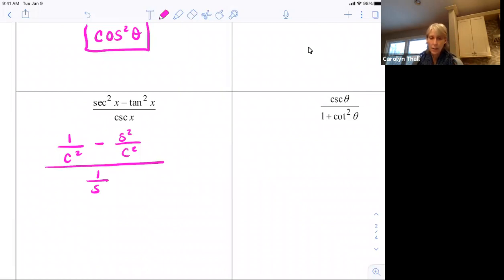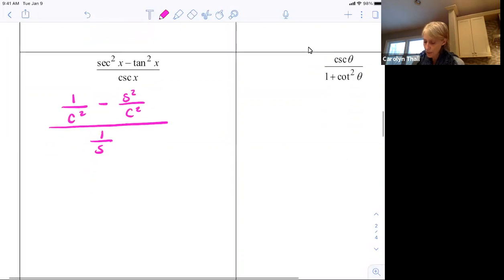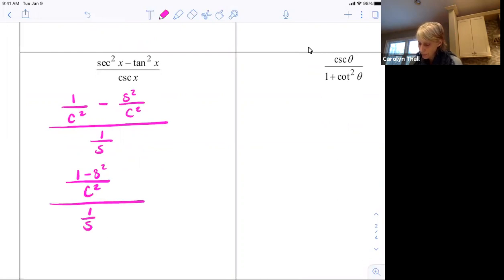We're all going to take a different path. It's not going to matter. Since I have a common denominator up top, I'm going to combine up top 1 minus sine squared over cosine squared. And I know that 1 minus sine squared is really cosine squared. So in the numerator, I'm going to have a 1.